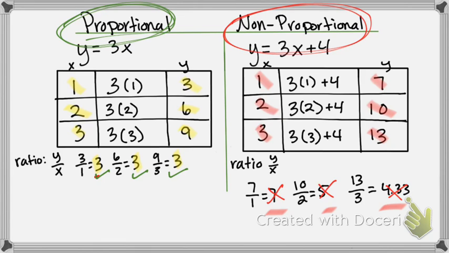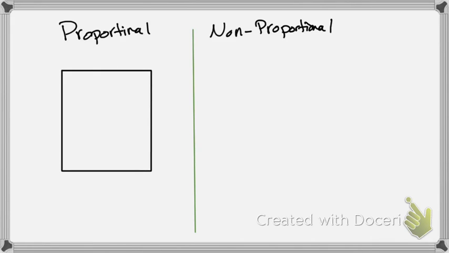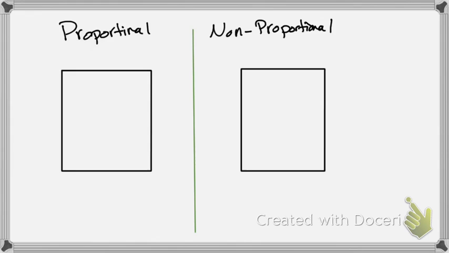Another way to distinguish both of those is in a proportional graph and a non-proportional graph. Let's say we have a graph here and a graph here. I'm only going to need the XY graph.